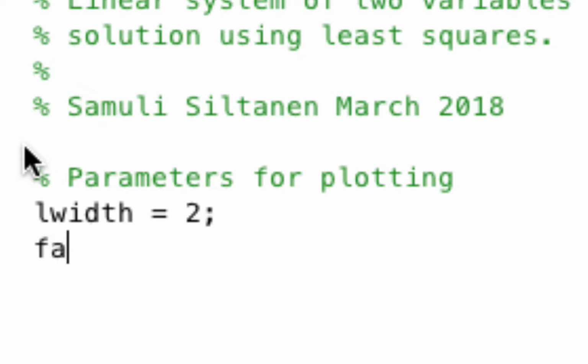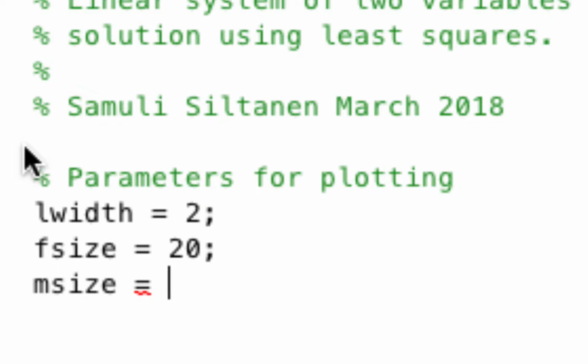Then font size, the same thing. Font has to be big enough. I don't know, let's try 20. Markers, sometimes we plot not lines, but markers like dots or stars. They need to be big enough as well. Let's start with 20 and see if it's enough.